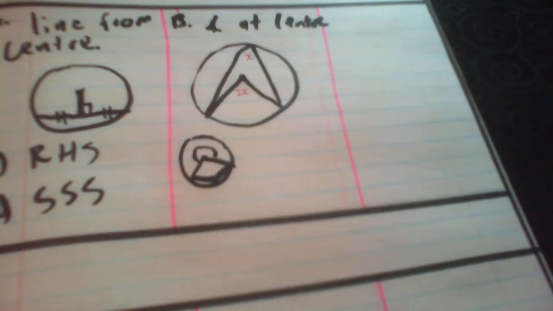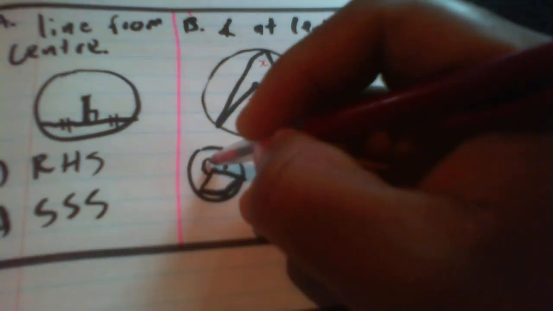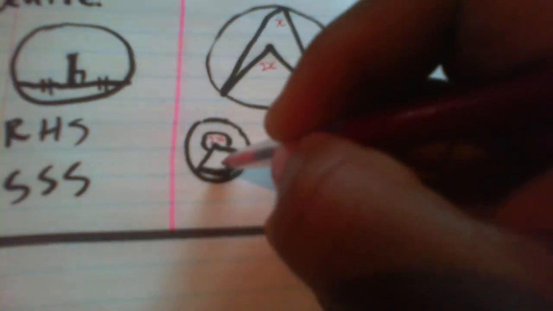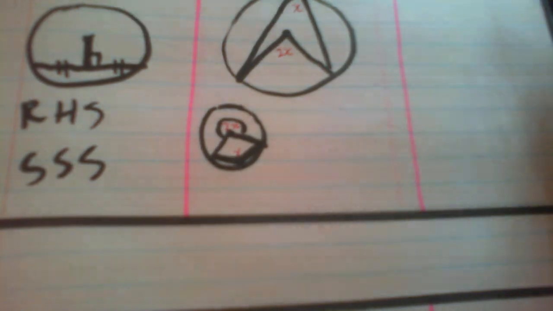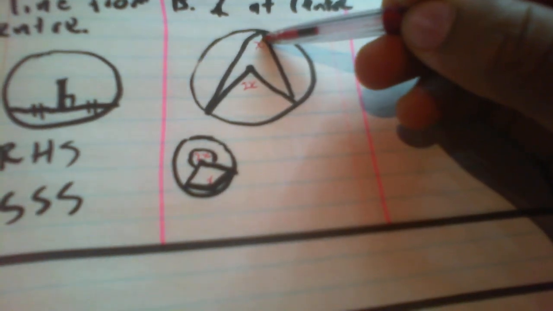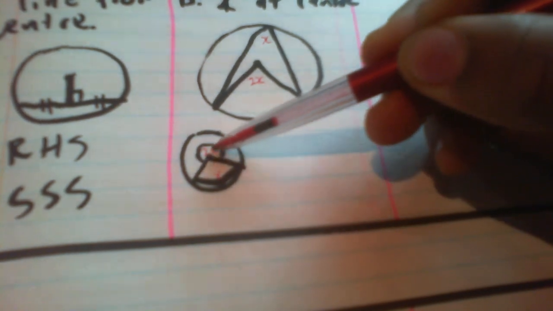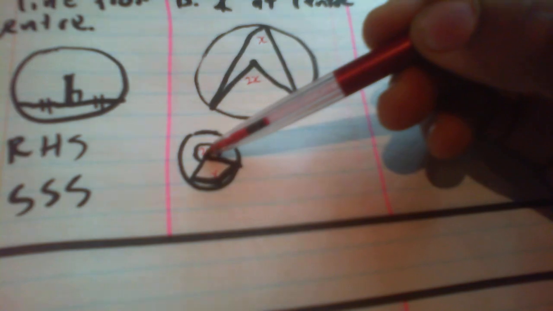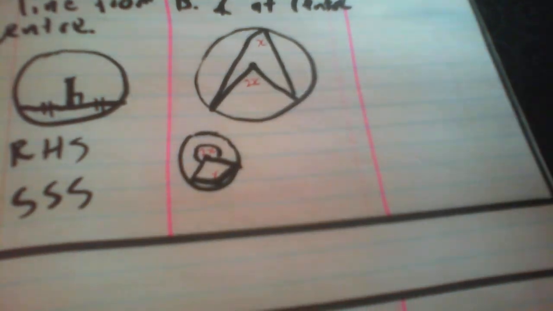That reflex angle outside there is going to be 2x, meaning that this angle here is going to be x. So you have angle at the center twice angle at the circumference, then you have this reflex angle here, twice angle at the center here is twice angle at the circumference.